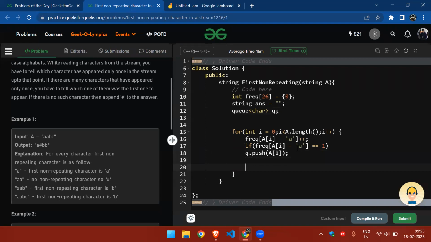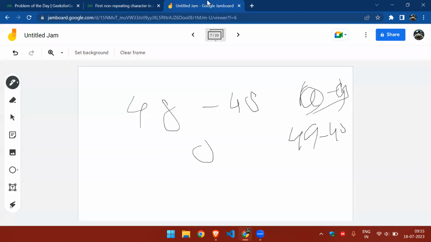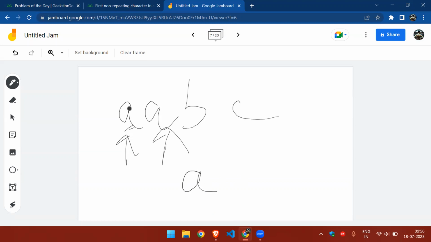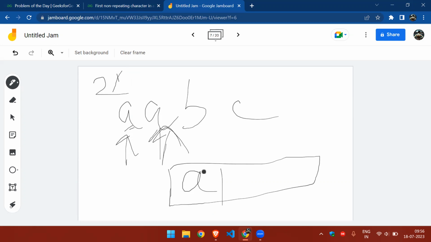For example, if it was A, A, B, and C, first the frequency of this element is 1, it has appeared once, so I'll push it into the queue. Now the frequency of this element has become 2. Since my queue should include only those characters whose frequency is 1, and this A has frequency 2, I'll simply remove it from my queue.